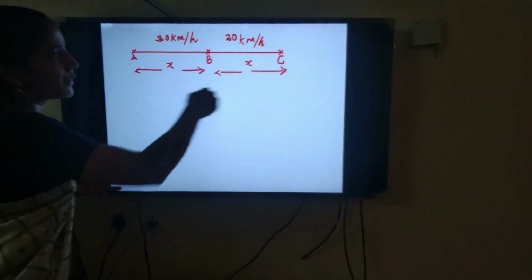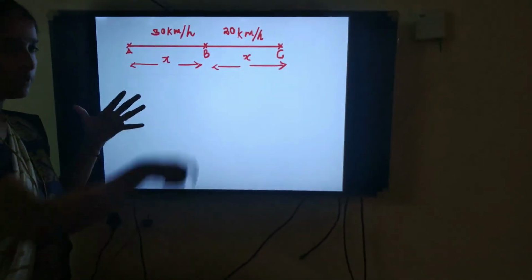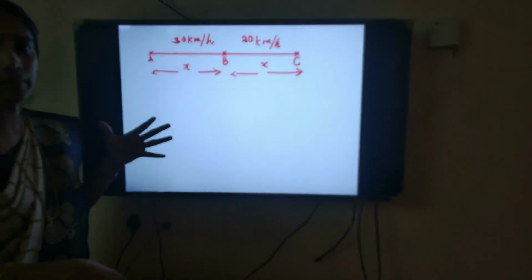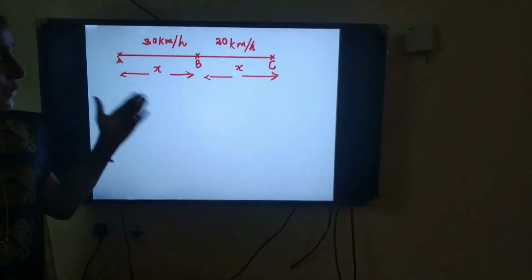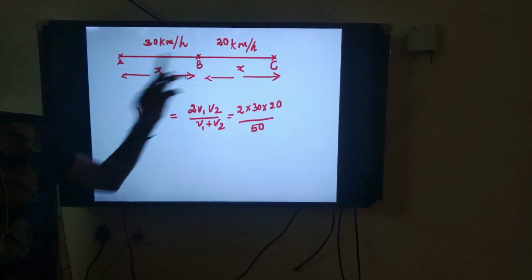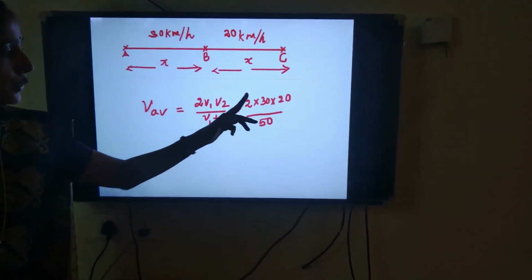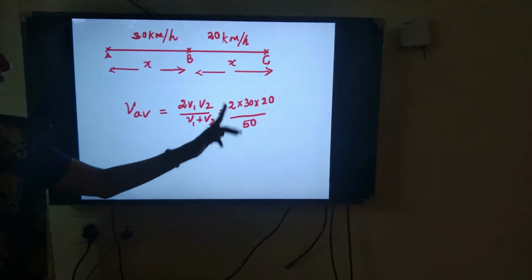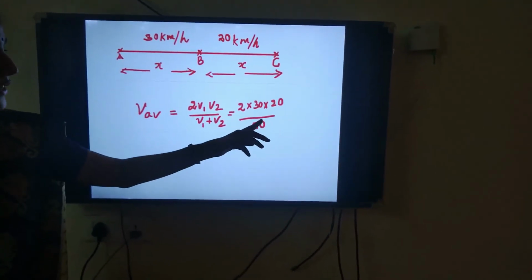Then what is the average speed of the entire journey? Our normal way is to apply total distance traveled by total time, but we have the shortcut now. The equation: average speed of the entire journey is equal to 2 V1 V2 by V1 plus V2. That means 2 into 30 into 20 by 30 plus 20. So what is the answer?